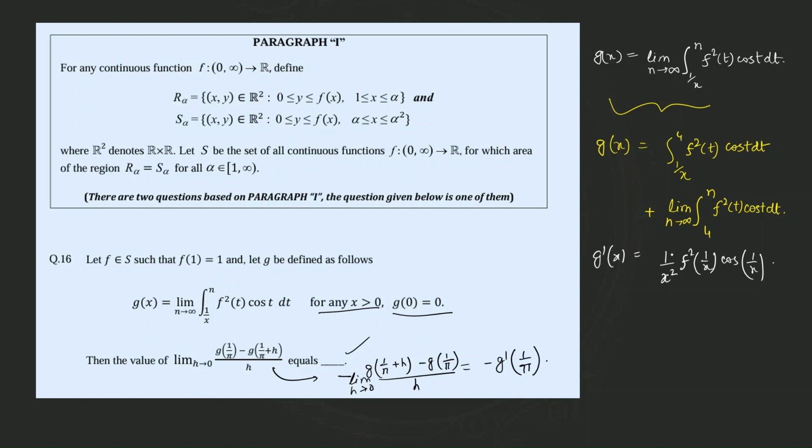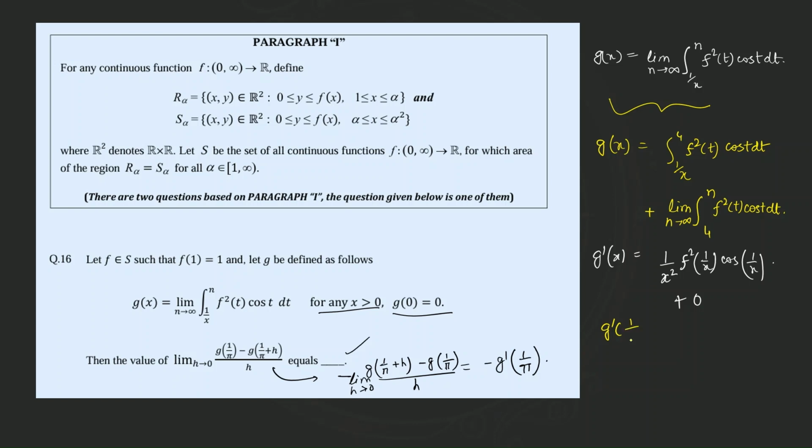And plus, now what will be the differentiation of this? If we tend the limit n towards infinity, this will be overall a constant term, because it is a definite integral. We define this as an improper integral whenever the limits are tending to infinity. But this will be altogether a constant, so the derivative will be equal to 0. So g dash x is equal to this.